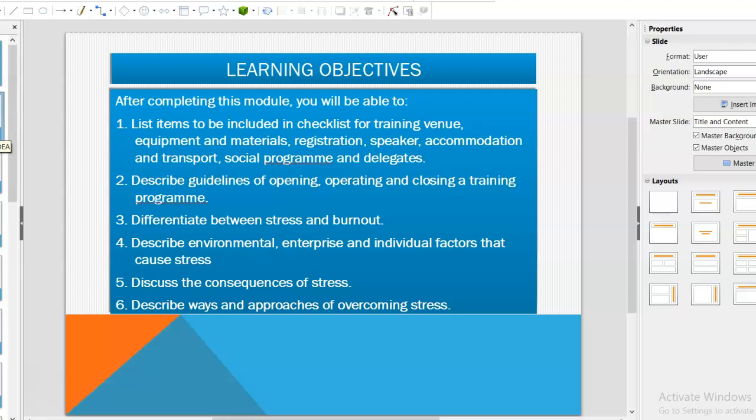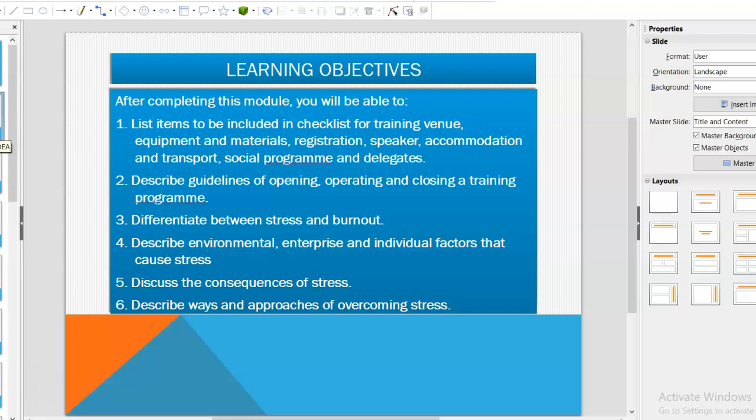There has to be some kind of preparation to ensure that it is a successful training. Then there is the operation part of it, that is the second one. Then the third one is dealing with stress and the nerves that come with this training.